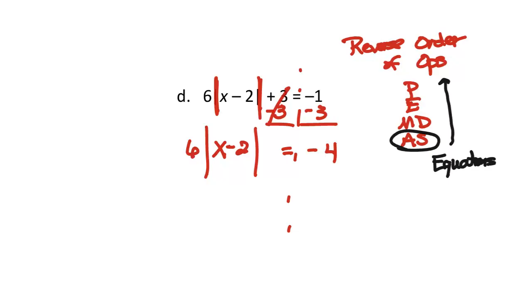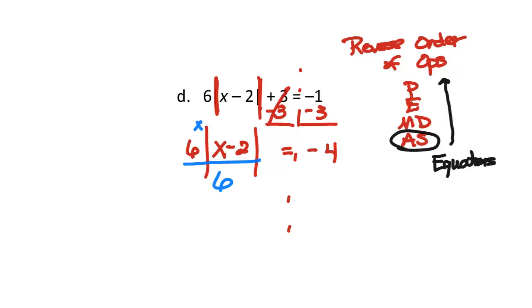Now, some people may be like, negative, but am I isolated yet? No. So technically, you have to keep going until it's isolated and then check and see if it's a negative value, okay? So it's not isolated. What can I do to get it isolated? Divide by 6. Now this is being multiplied, so it's kind of like 6 times something gives me negative 4.